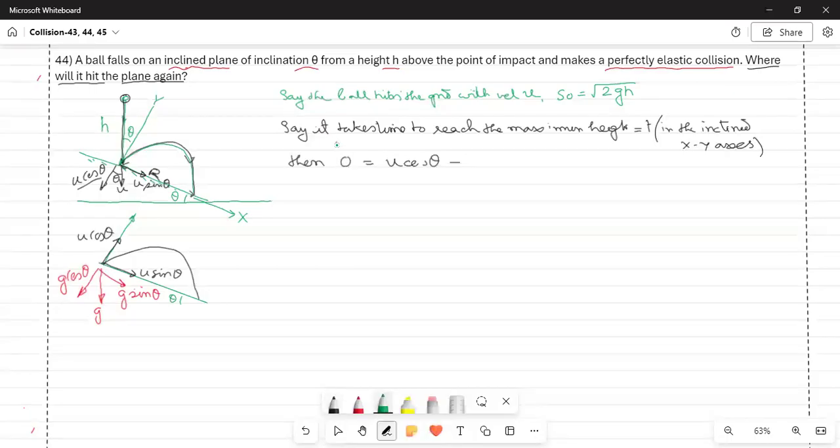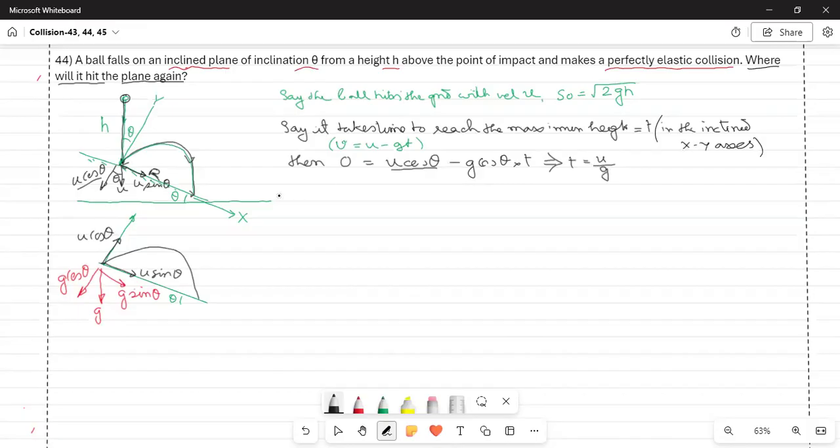The normal equation is v equal to u minus gt, but here there is a special equation. u is u cos theta, and the component of g in the normal direction is g cos theta, into t. From here we find t is equal to u by g.